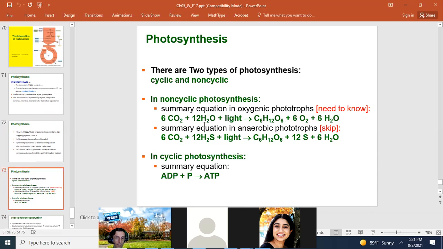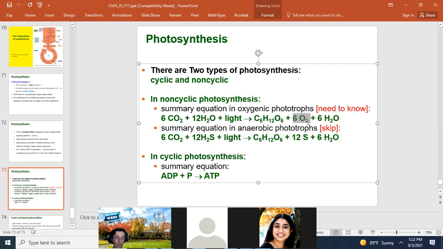I prefer it shown this way because when we look at where all the 12 oxygen atoms come from, they all come from water. Any question about any of that? You do need to know the summary equation for non-cyclic photosynthesis producing oxygen.